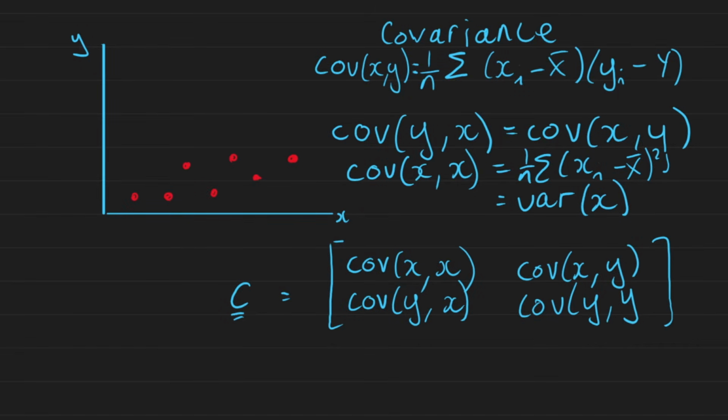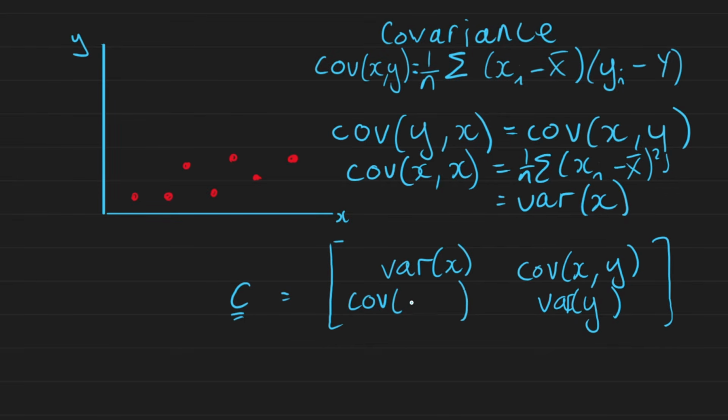Firstly, we can see that the covariance of x with itself is just the variance of x, and the covariance of y with itself is just the variance of y. And the covariance of y with x is just equal to the covariance of x with respect to y.